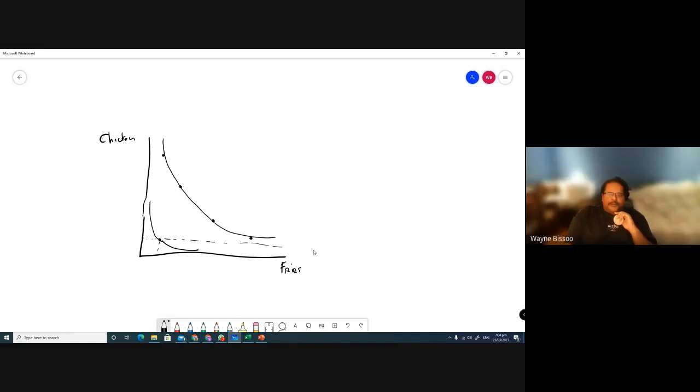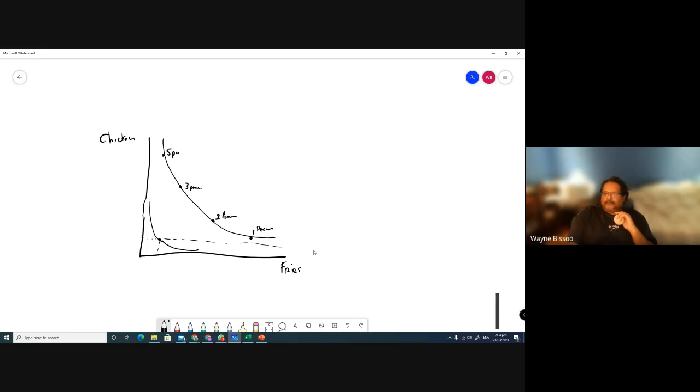So down here might represent the one piece. This might be the two piece. This might be a three piece, and this might be a five piece.